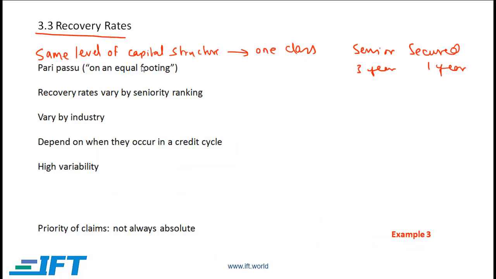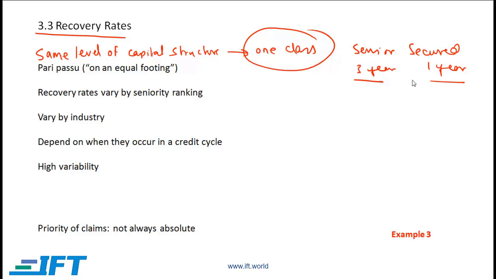Section 3.3, recovery rates. The main point here is that creditors who are at the same level of the capital structure fall in one class, and they will have the same recovery rates. Just to give an example, if you have two creditors, both in the senior secured class, one with a 3-year bond and another with a 1-year bond, and in case there is a default, both will have the same recovery rate regardless of the fact that the maturities are different.